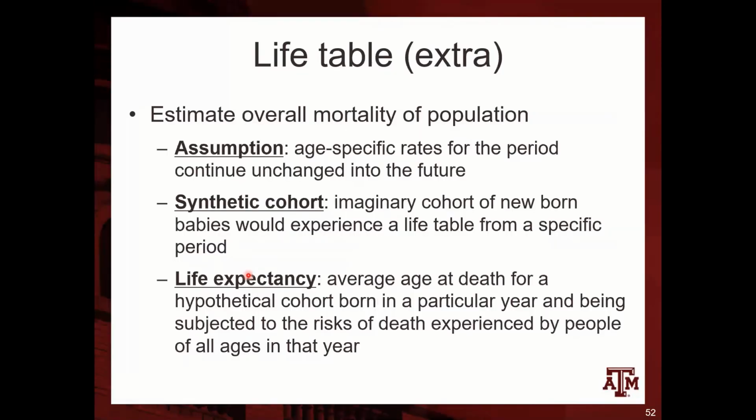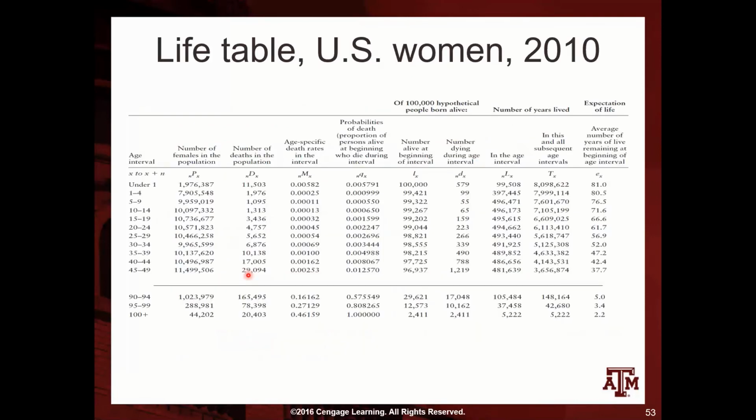The next slides here are some more explanation about life tables, so I consider this as being extra. In this case, here is an example from another textbook of a life table of US women in 2010. Usually we do these calculations of life expectancy by sex because mortality varies a lot by age, but also by sex.